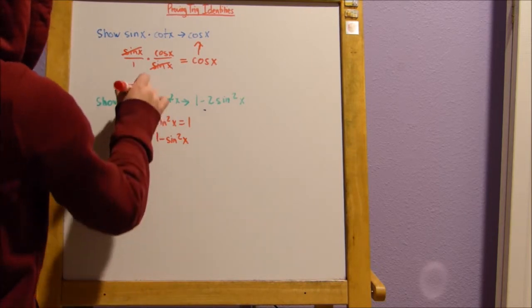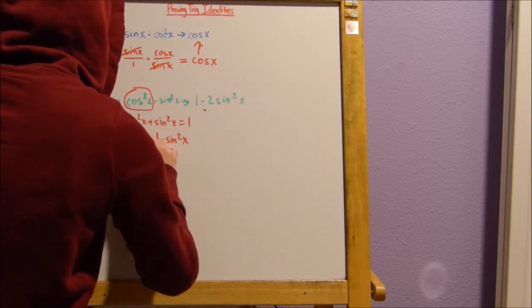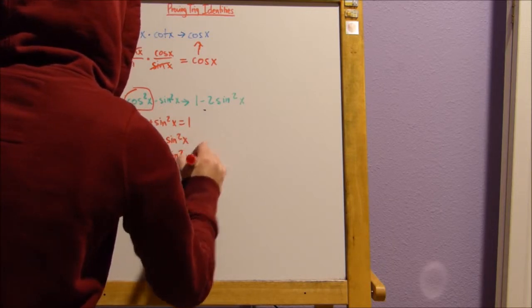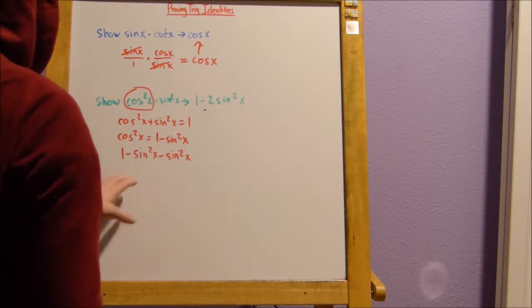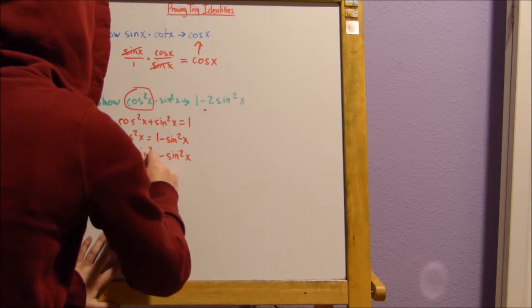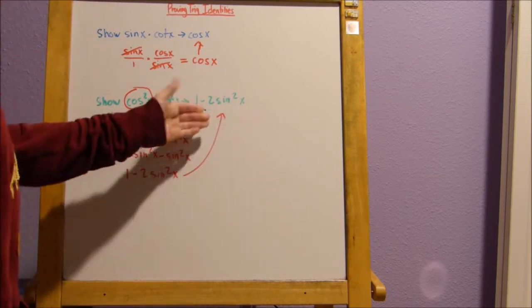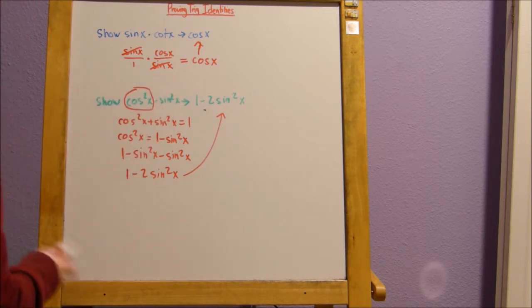So now we can substitute cosine squared x with 1 minus sine squared x, minus sine squared x. So now you should notice that this is 1 minus 2 sine squared x, which is exactly what we were trying to show.